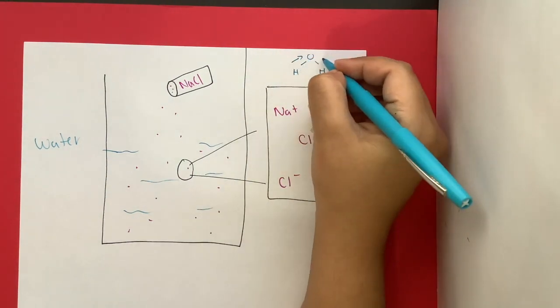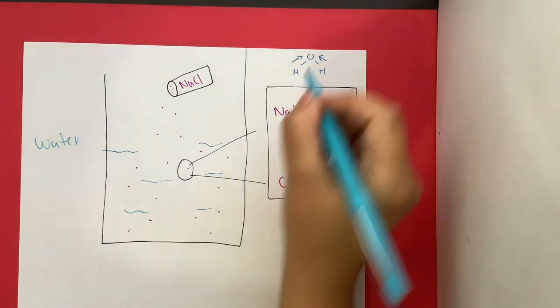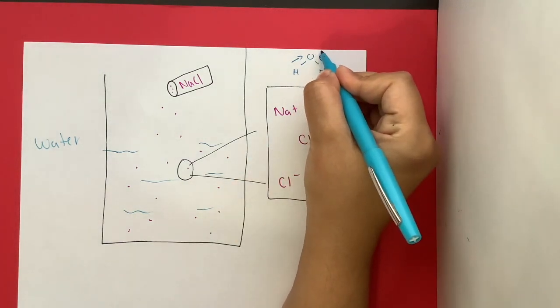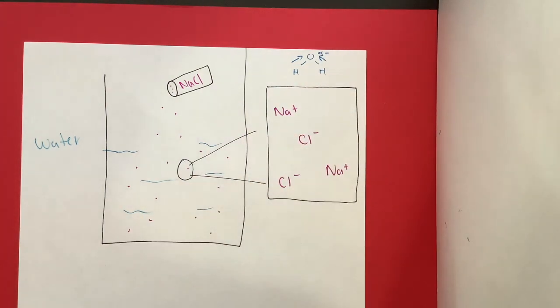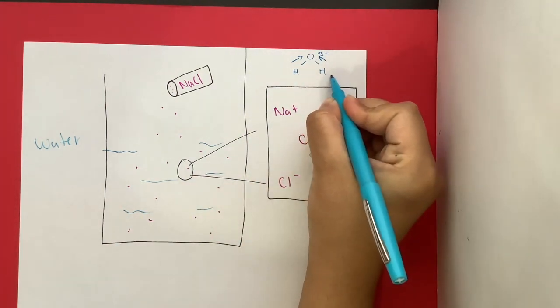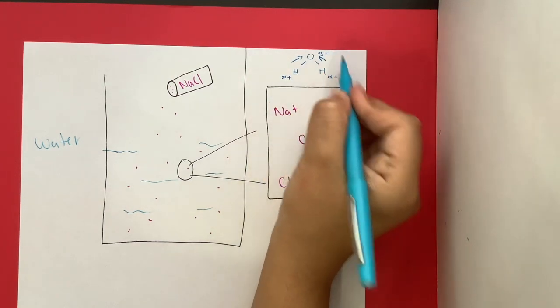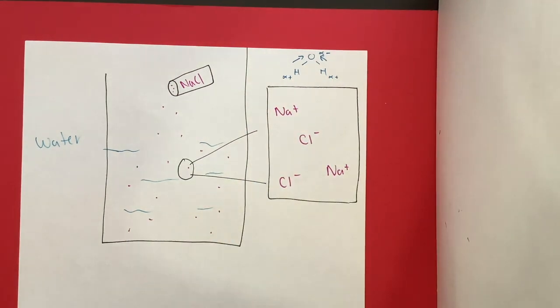That means that oxygen is more electronegative, pulling the electrons closer to its nucleus, giving it a partially negative sign. Hydrogen becomes partially positive. Because of this negative side and positive side, water is polar.